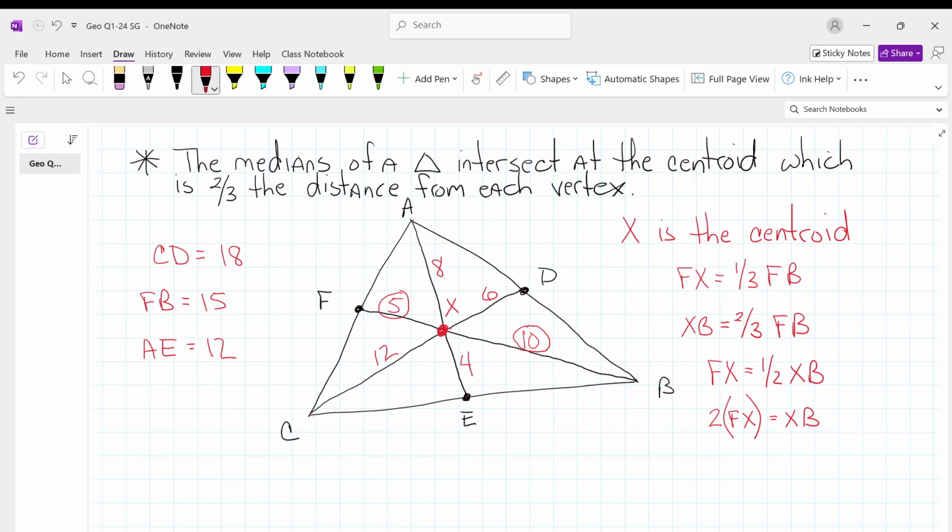Okay? Anybody have any questions on medians? They go from a vertex to the middle of a side, vertex to the middle of a side, and vertex to the middle of a side.